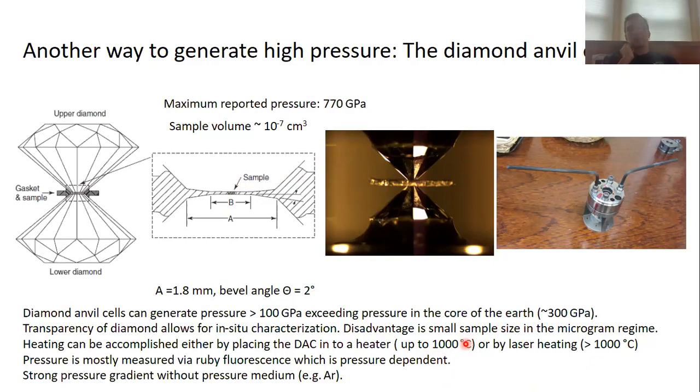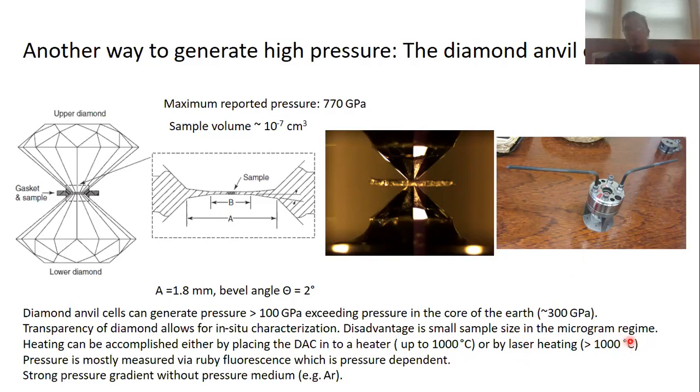The disadvantage of that is that the pressure in the diamond anvil cell can change significantly due to thermal expansion issues of your material. The alternative is laser heating. With laser heating, you can go to temperatures larger than 1000 degrees Celsius.